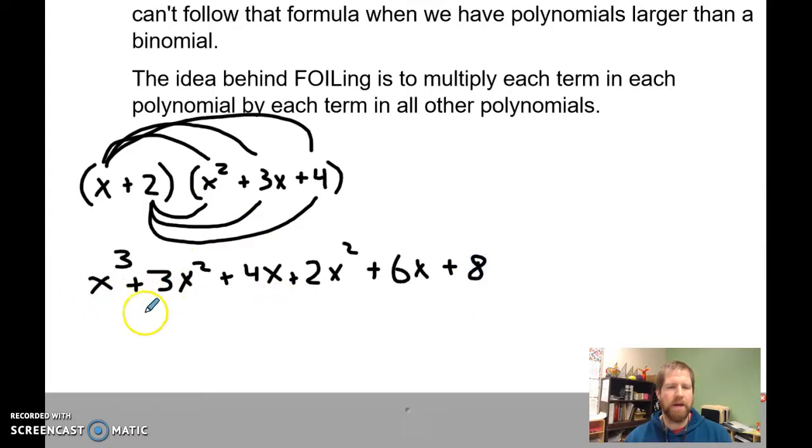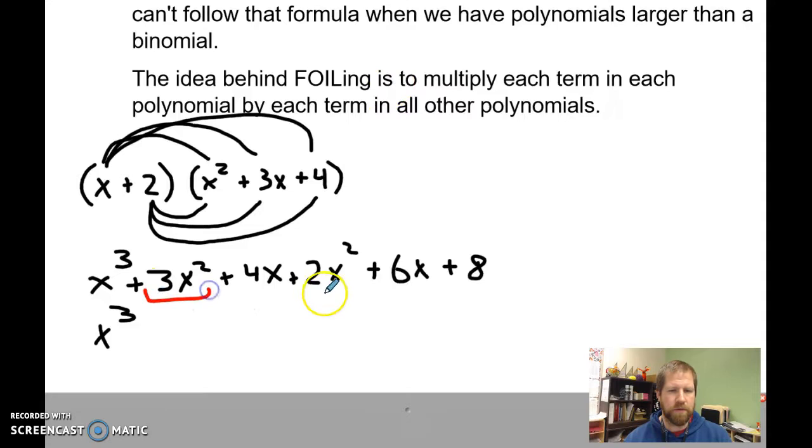Now I have all my different terms. I can combine my like terms and simplify down to my resulting polynomial. So I've got x cubed. That one's going to stay. 3x squared plus 2x squared.